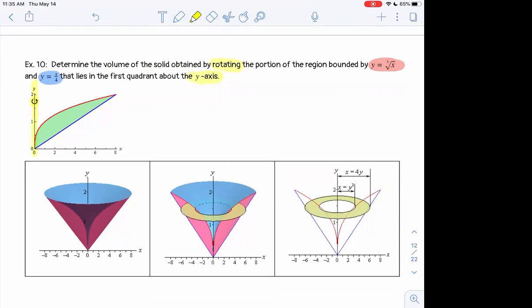Okay. So when I revolve it, and I use a fancy computer-generated diagram, I can see that it kind of looks like a cone, but part of the inside has been scooped out. All right, so take a look at that for a moment.